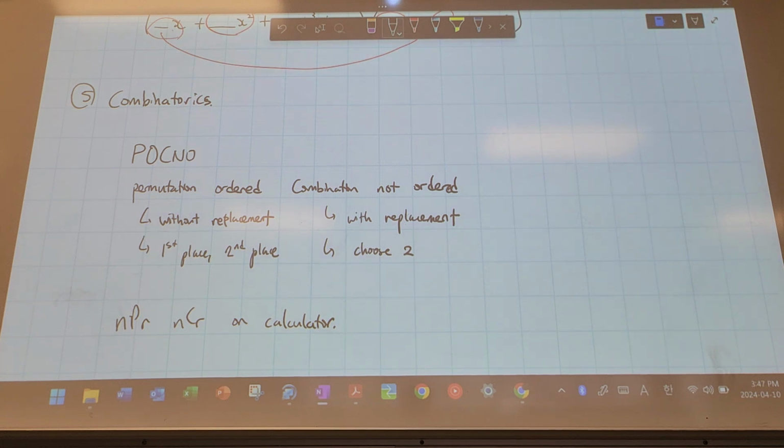If you're choosing 2 cards out of a deck of cards, then it's without replacement because you're just going to pull 2 cards. Or if there's a chance that you get the ace of spades twice, then it's with replacement. So you put it back in and then you just shuffle again.